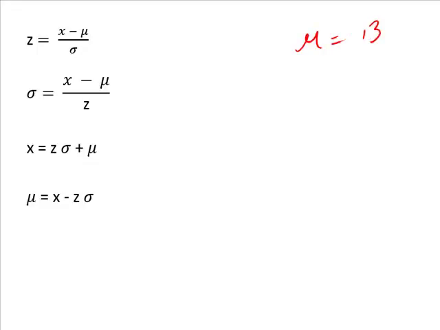George, what was your number? 68. Tyro, what was your number? 21? Okay. This side of the room, find the area of the curve greater than 21. This side of the room, find the area of the curve less than 21.